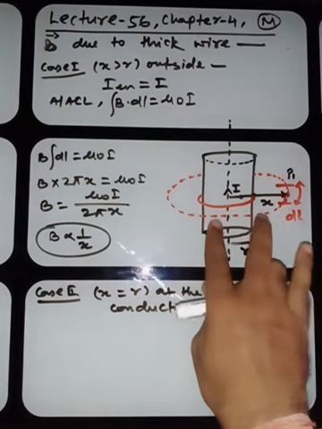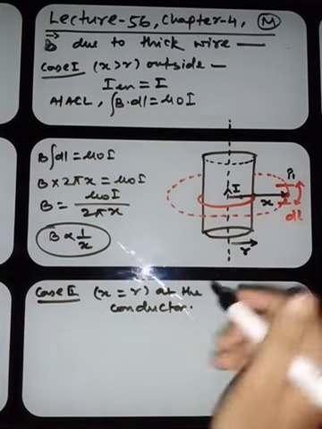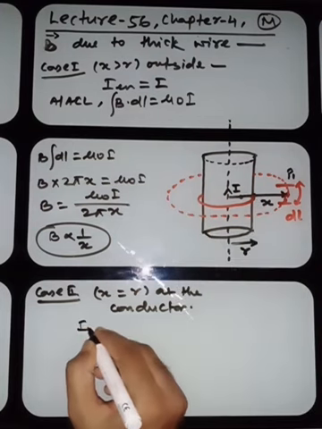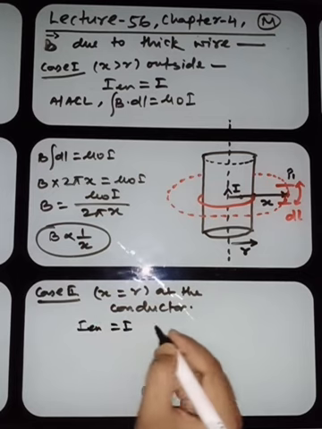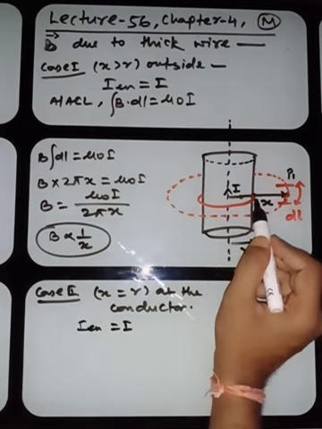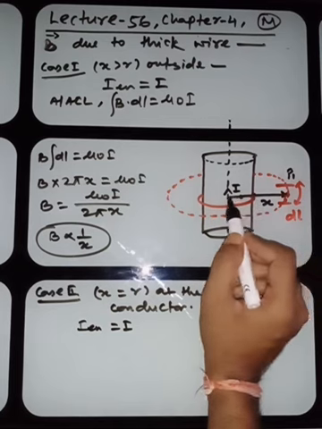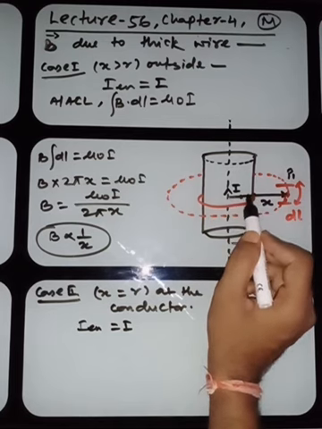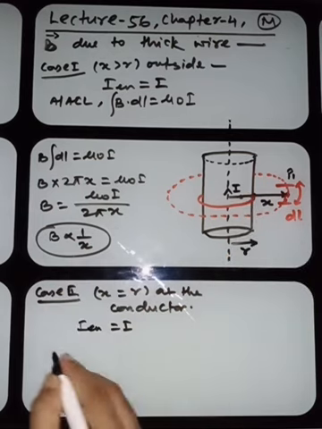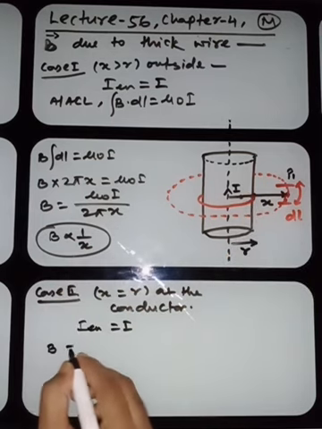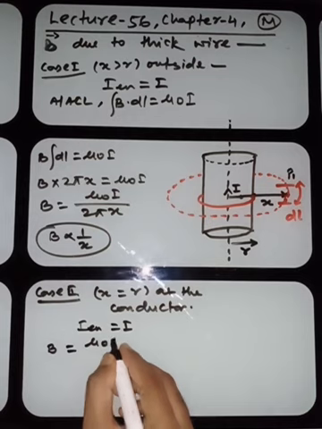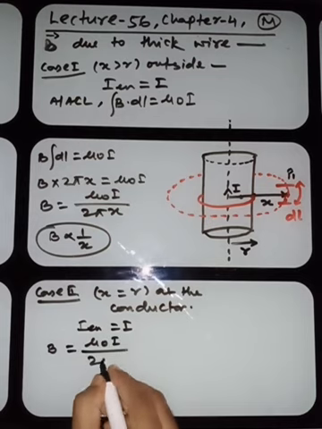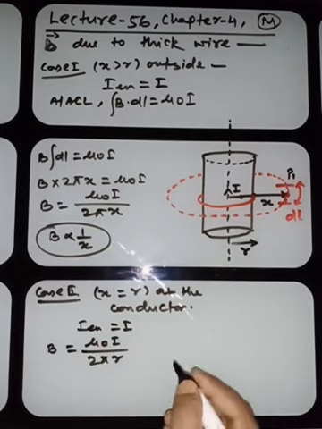Remember, the I enclosed will be the total current, and the radius of the Amperian loop will be x equals r, so the same equation will be considered: mu naught I divided by 2 pi x, with x equal to r, nothing else.